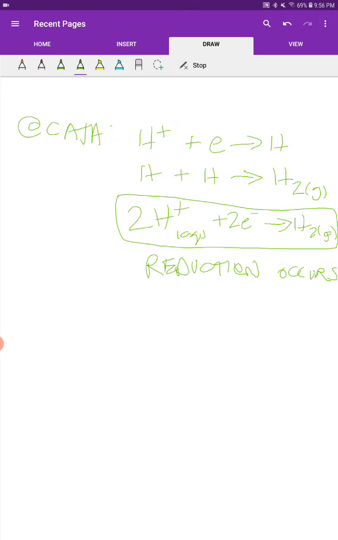At the anode, you have your hydroxide ions being discharged. And remember, I said to you before that the hydroxide half equation is probably the only one that you may have to commit to memory. Alright, it's 4OH minus, losing 4 moles of electrons to give you 2H2O plus O2.